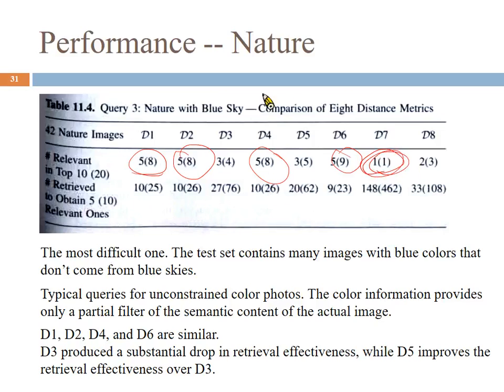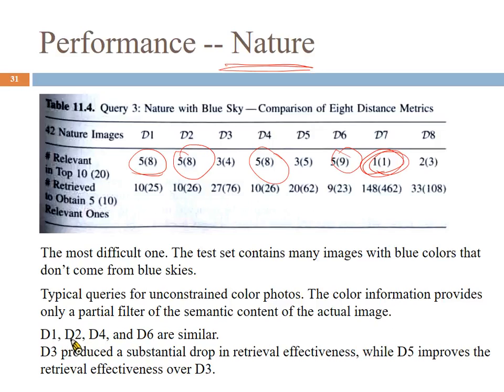Actually, the nature query is the most difficult one because the test set contains many images with blue color that don't come from the blue sky, while we expect to retrieve images with blue sky. This is typical of queries for unconstrained color photos. The color information provides only a partial filter of the semantic content of actual images.